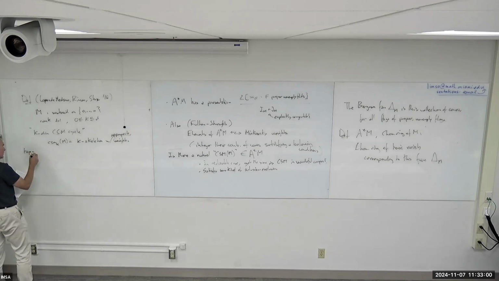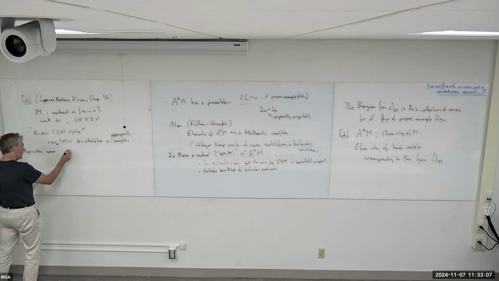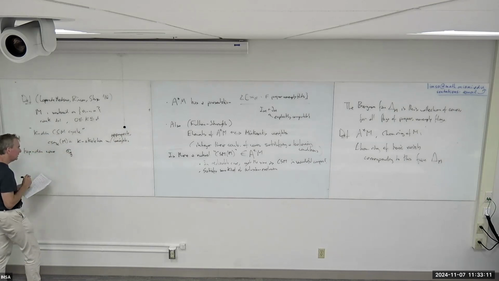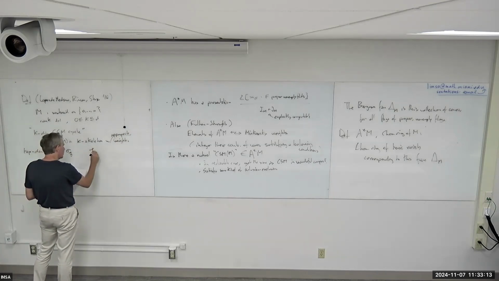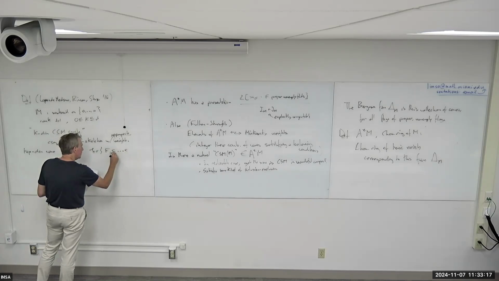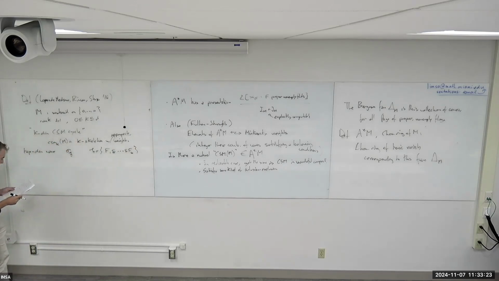Take a top dimensional cone in the skeleton. Remember, the cones correspond to flags. So you have to start with the flags of flats. I should tell you what weight you associate with that.